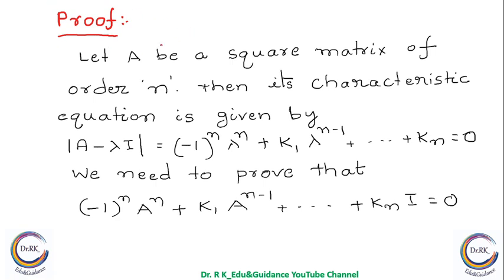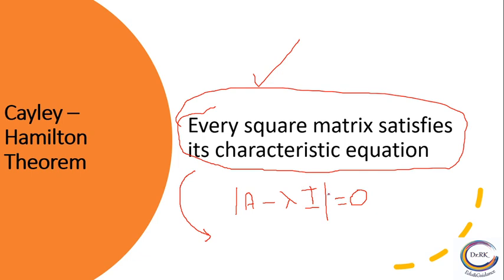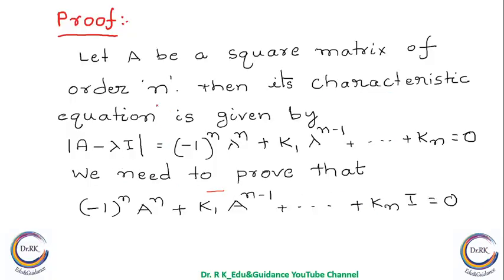So the proof is: let A be a square matrix of order n.